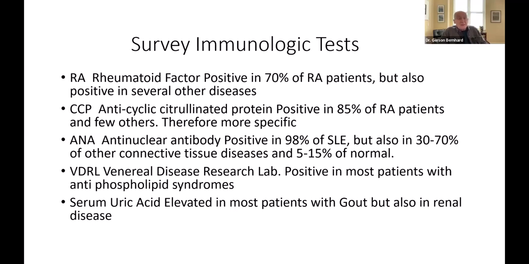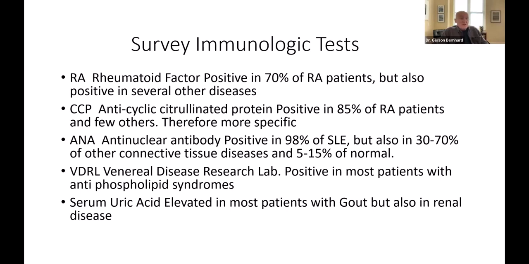That's sometimes of some use in subsetting which kind of inflammatory connective tissue disease we are looking at. A good survey is the VDRL if there is any question at all about antiphospholipid syndromes. These are false positive VDRLs, and if they're negative, and there's no good clinical evidence, you can move on.